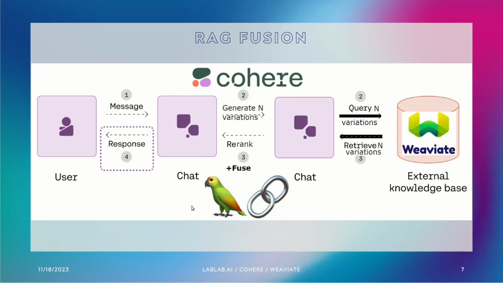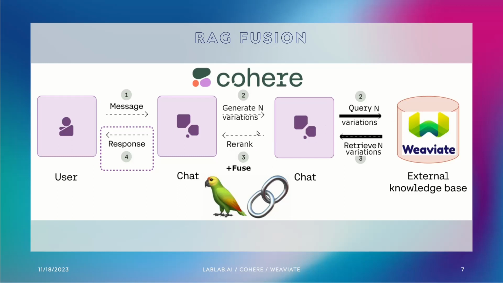However, the main idea is the Rec Fusion here. So what does it mean? The user sometimes doesn't even know what's the right question. So what we do is I use the fine-tuned Cohere Command to generate n variations of that question, and then retrieve the 15 or k documents for each variation.